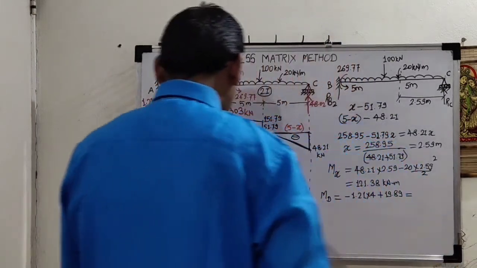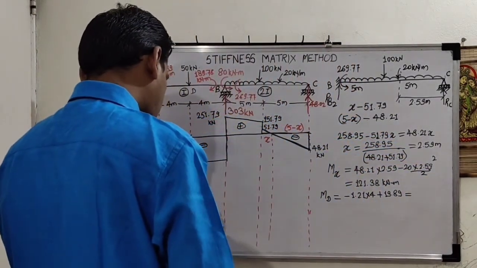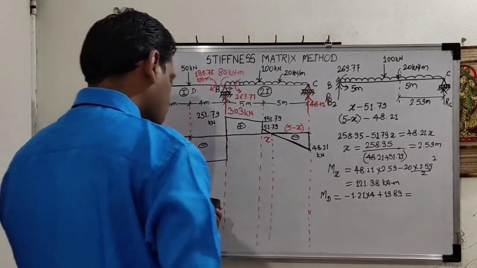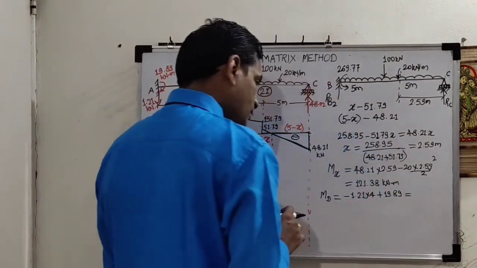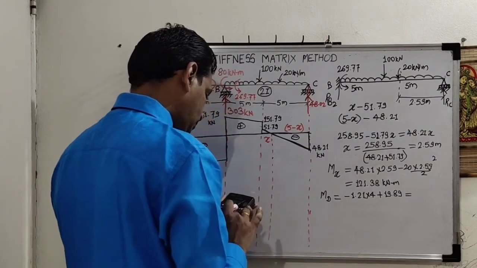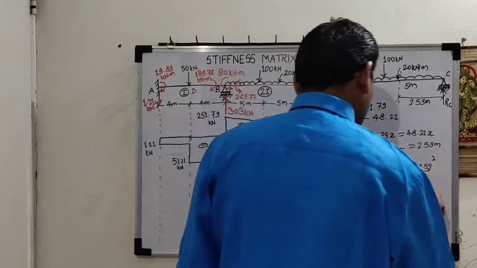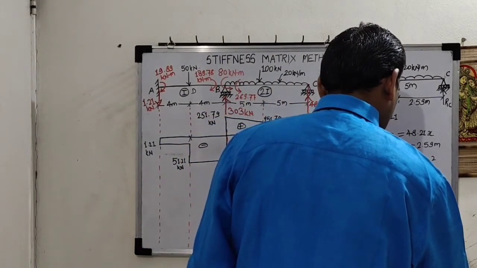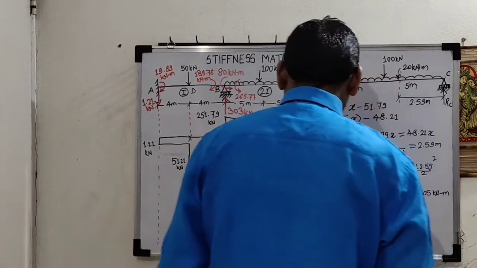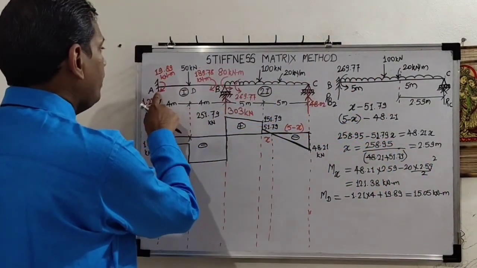Let us see how much is this. 19.89 minus 1.21 into 4. So it is 15.05 kilonewton meter.